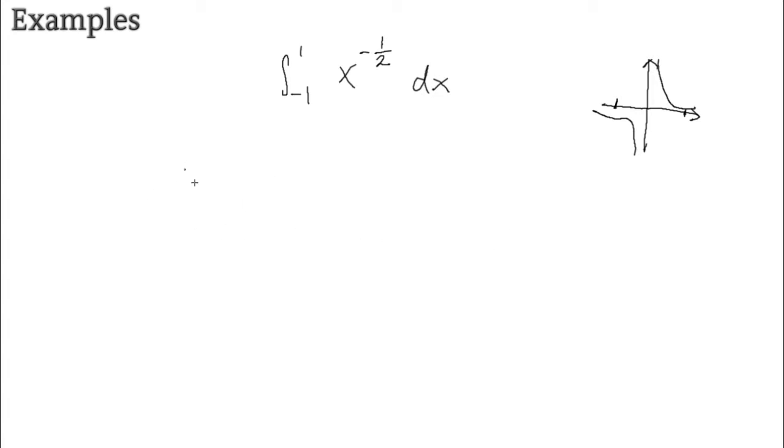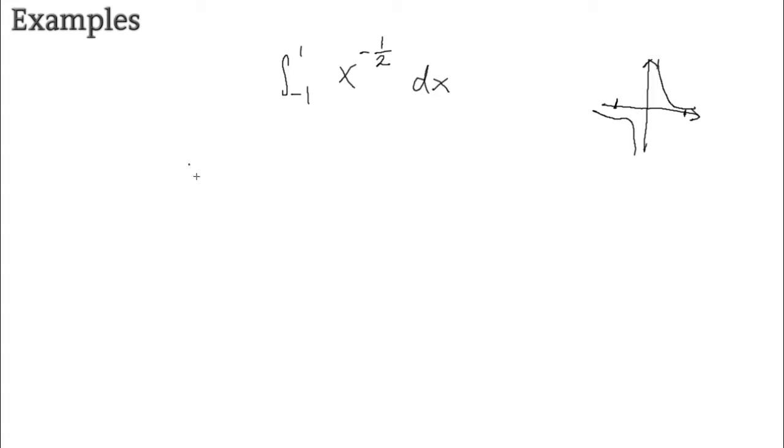In order to find the integral, we need to split it into two such that they are continuous curves. It is a continuous curve from 1 to 0, and it is a continuous curve from minus 1 to 0. And technically it is a limit approaching 0, but I'm just going to call it 0 for simplicity's sake.